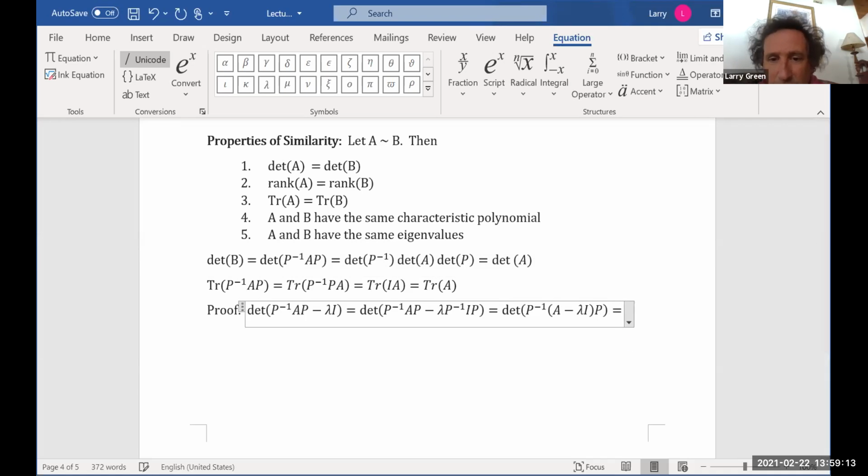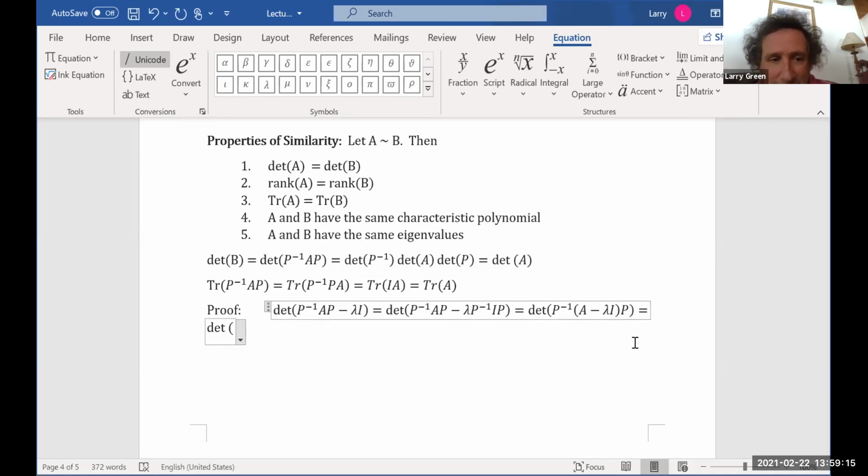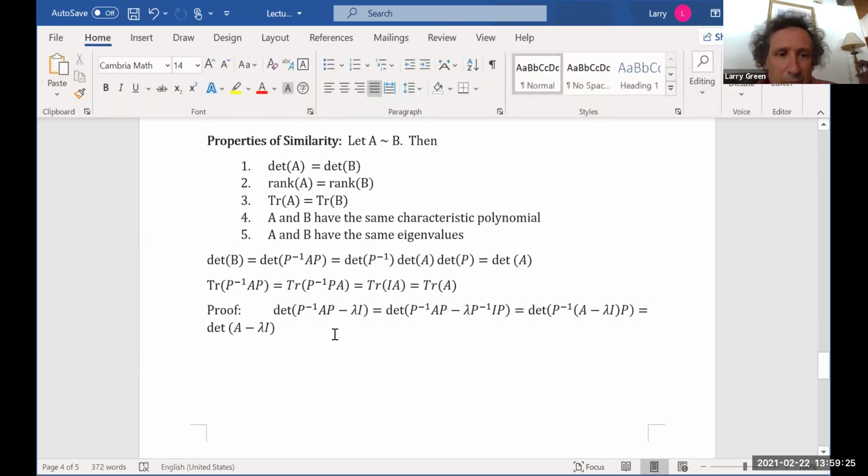So this is equal to the determinant of A minus lambda I. And that's the proof. Any questions on that? And the determinant of A minus lambda I is the characteristic polynomial of A. That's the definition. Anyone lost on this?